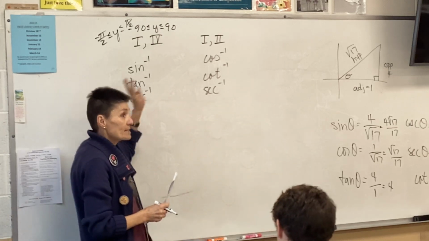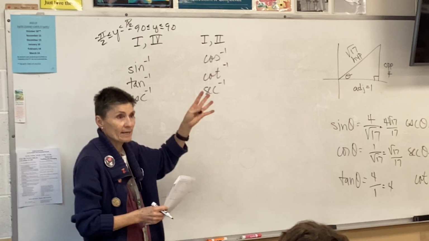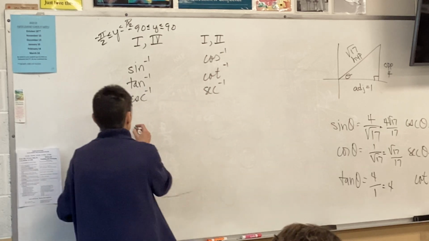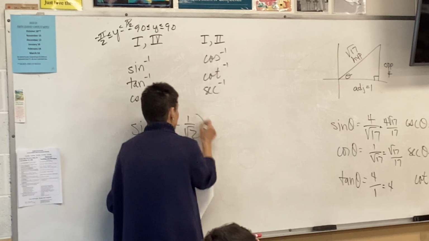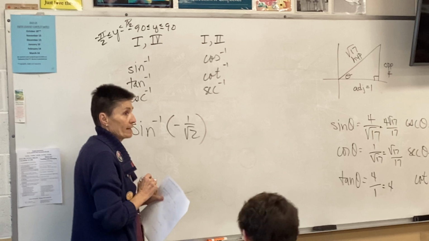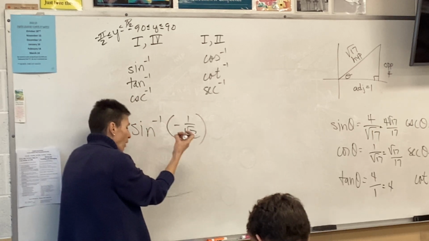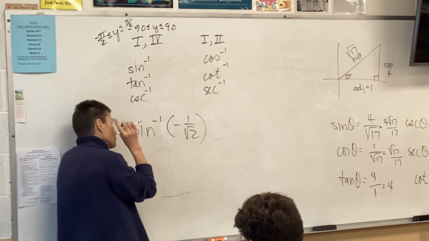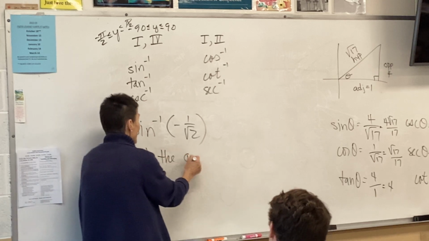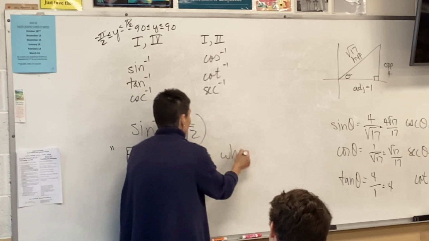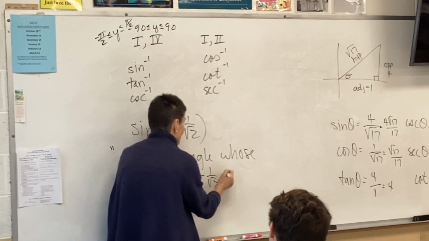Now, this is key. This is the hardest part, because you know how to do everything else. Problem B says find the angle whose sine is negative 1 over root 2. When your eyeballs see this, I want you to immediately think: find the angle whose sine is negative 1 over root 2.